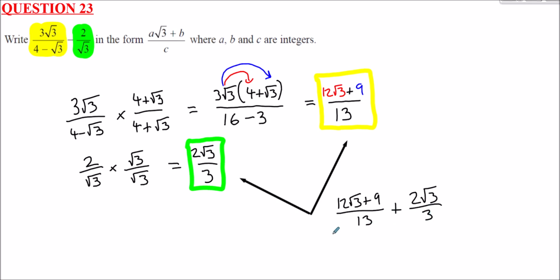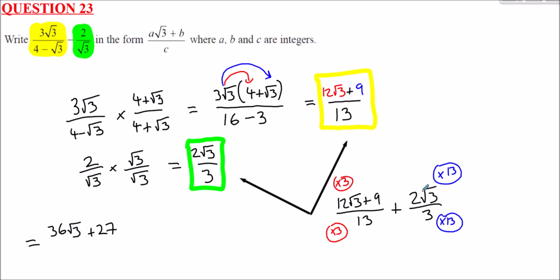So if I do 13 times 3, that becomes 39. I then need to do the same to the top. Likewise, if I multiply the bottom of this by 13, that'll become 39, hence giving us a common denominator of 39. Therefore, I need to do the same to this top here. So then, 12 root 3 times 3 becomes 36 root 3. 9 times 3 is 27.